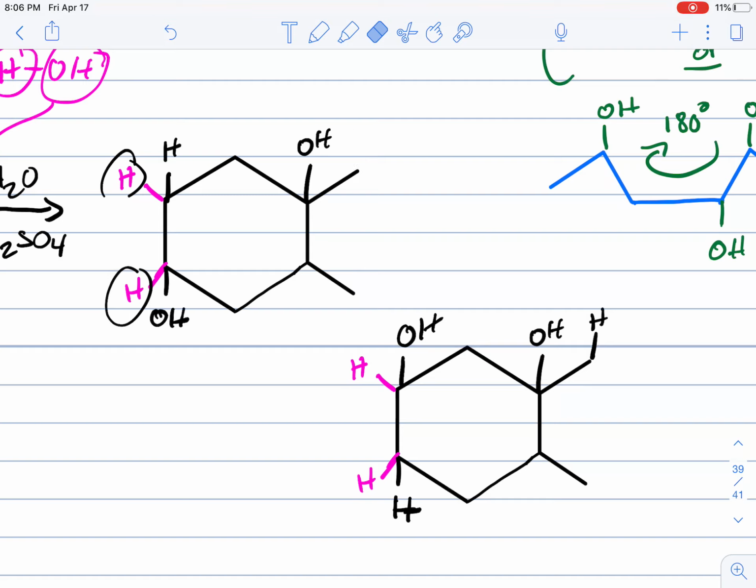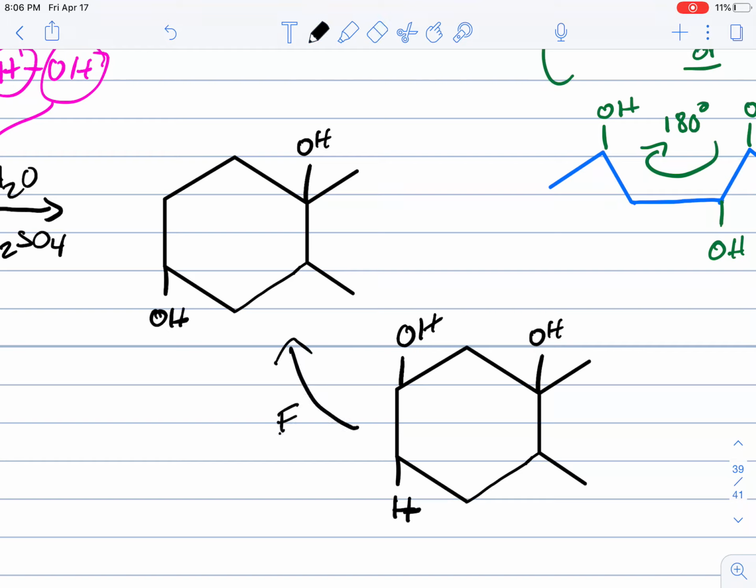And if I were to erase all of the hydrogens and just keep the heteroatoms, notice that if you were to flip the molecule at the bottom to try to align it with the top, it will not align.